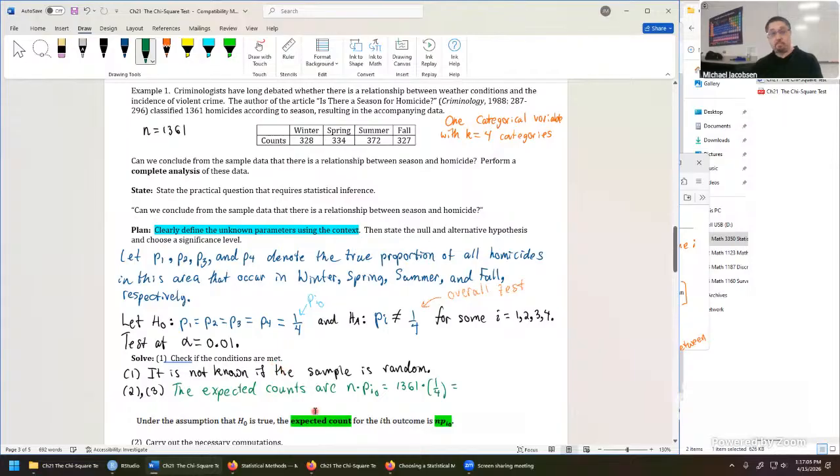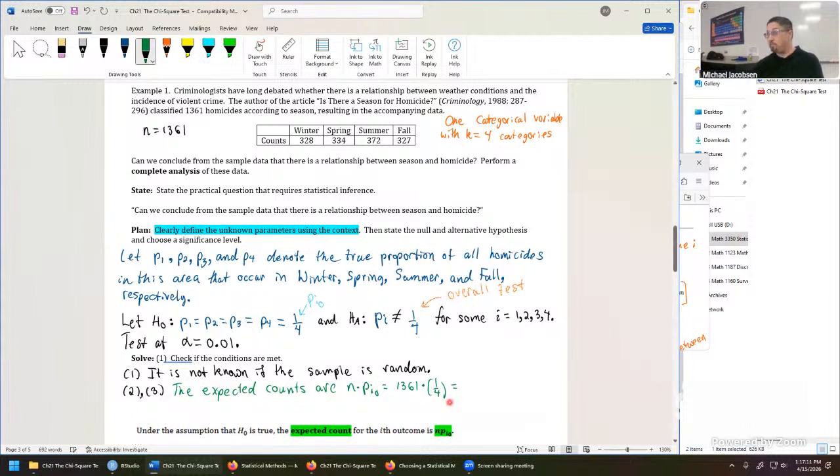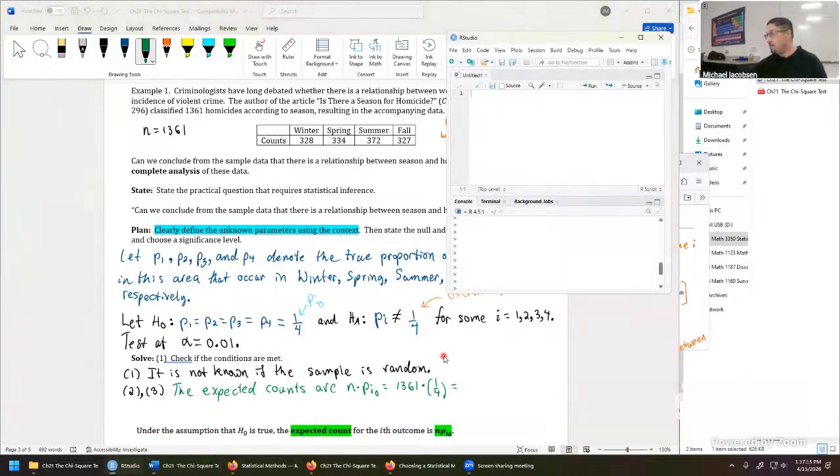And this is the same expected count for every single category, winter through fall. It'll be a little bit different in the next problem because we'll have different probabilities for every parameter. But for this problem, not so bad. Let's just go 1361 times 1/4. And we don't round on this.